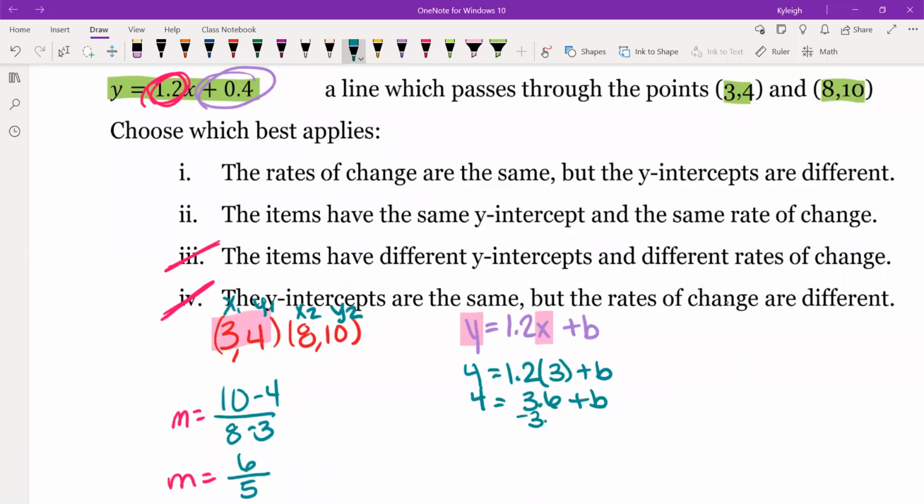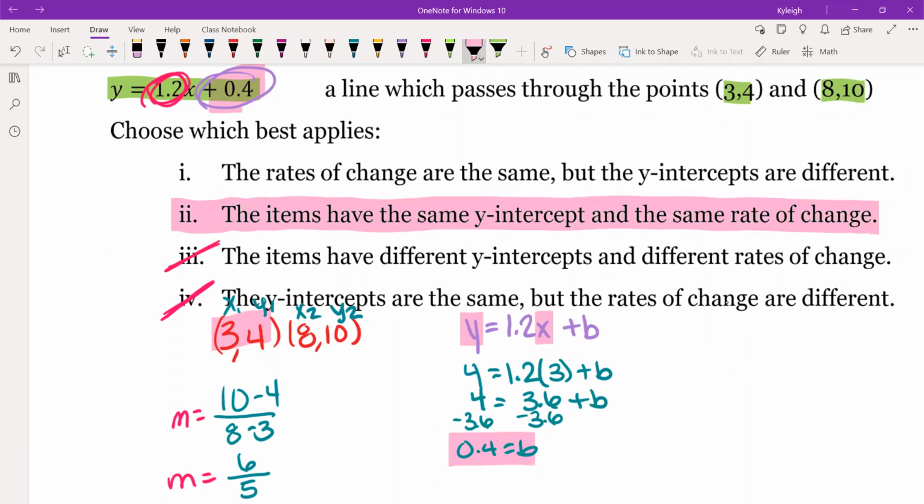Then again, to solve equations, to get b alone, we subtract 3.6. You get 0.4 equals b. So is this b, my 0.4, the same as this b? They're both 0.4. So the rates of change and the y-intercepts are the same. So my answer is 2 then.